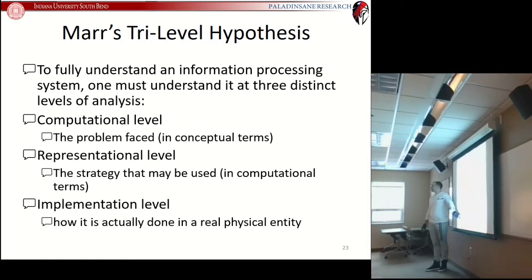That's the implementation level. And we're going to stick here at the representational level. This might inform the implementation level, but this allows us to just focus on the strategies, on the models, without worrying how does our brain actually do these models. And that is an important portion of understanding the entire information processing approach that our mind uses.